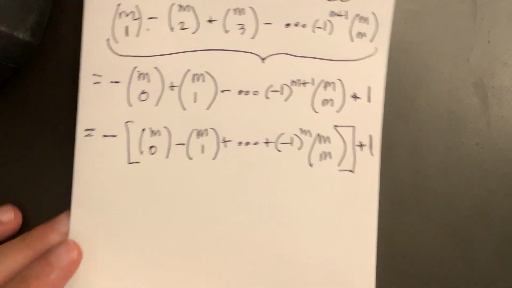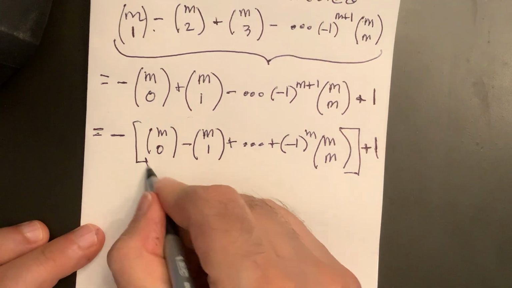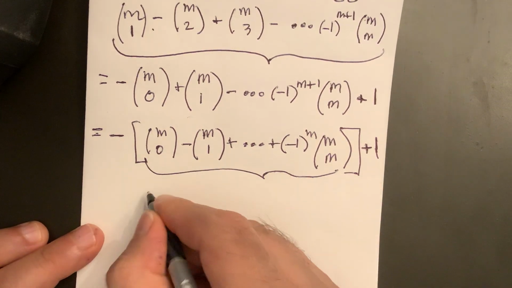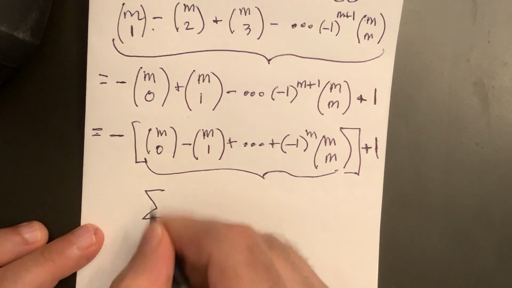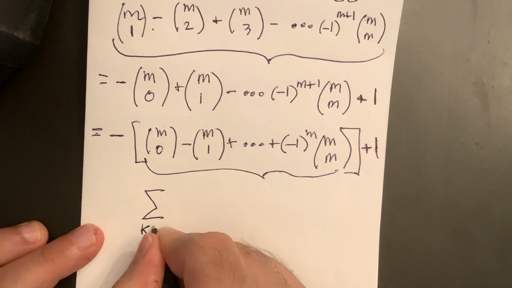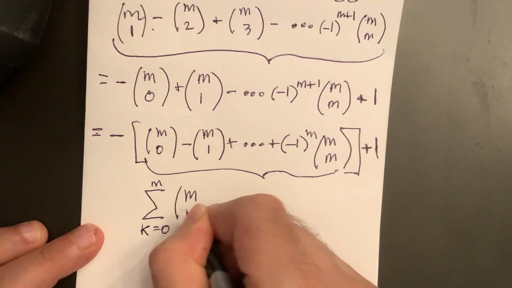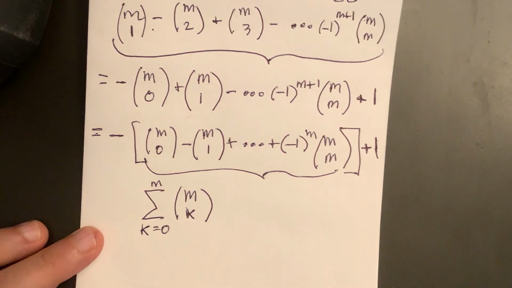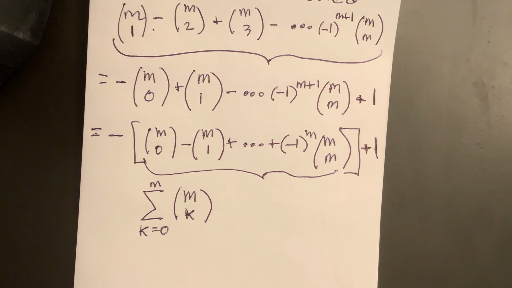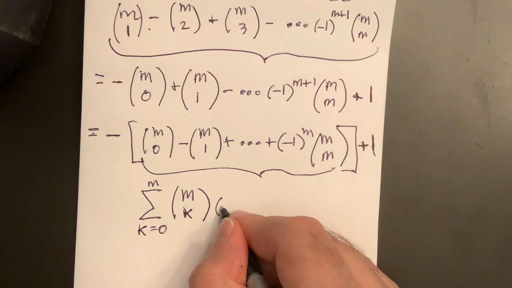Okay, but what is this in here? This is just the binomial theorem unrolled backwards, right? K equals 0 to M choose K, and it just alternates between 1 and minus 1.